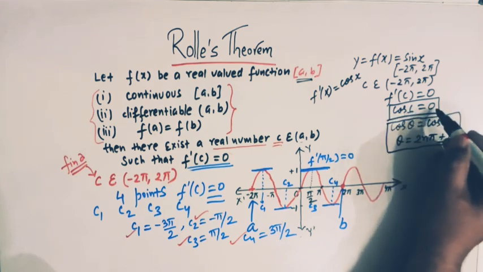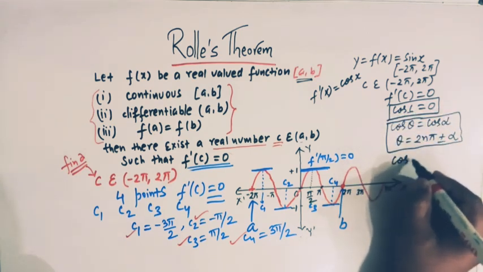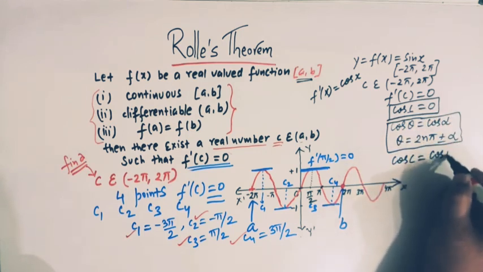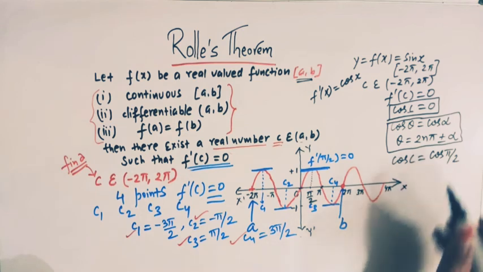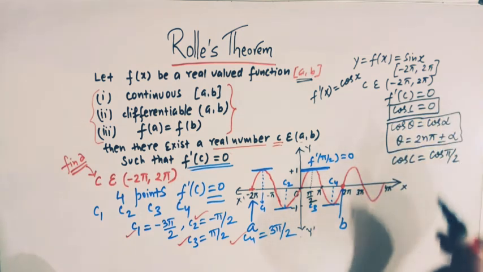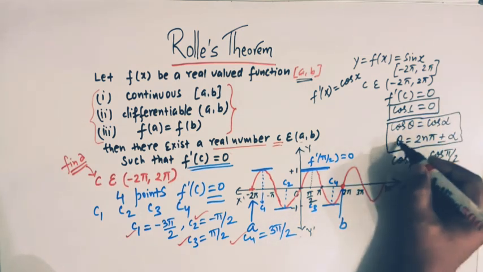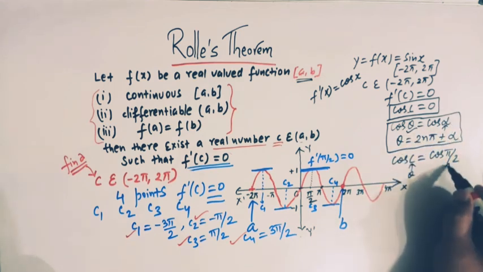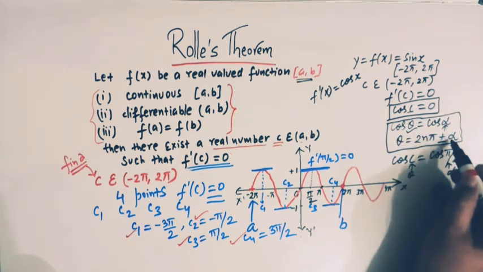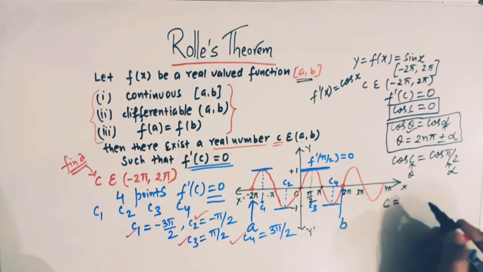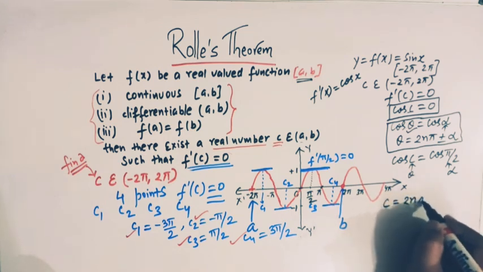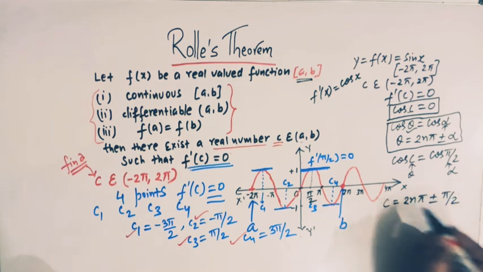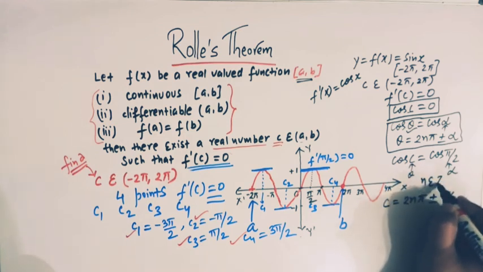So cos c is equal to 0, so cos c can be written as cos c is equal to cos of pi by 2, because cos of pi by 2 is 0. So this is now theta and this is alpha. So the solution is c is equal to 2n pi plus minus pi by 2, and here n is an integer.